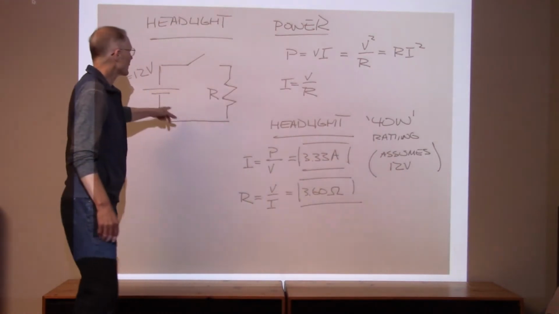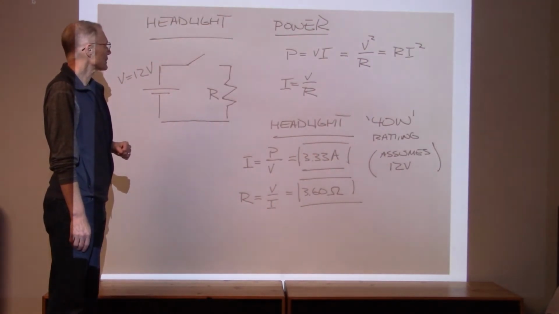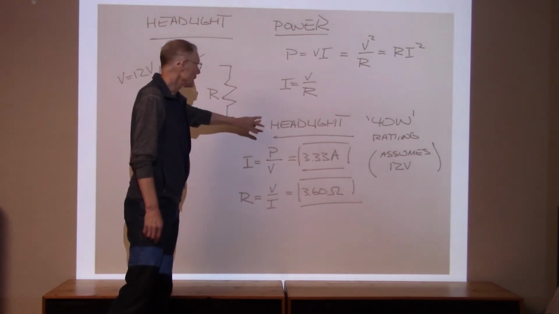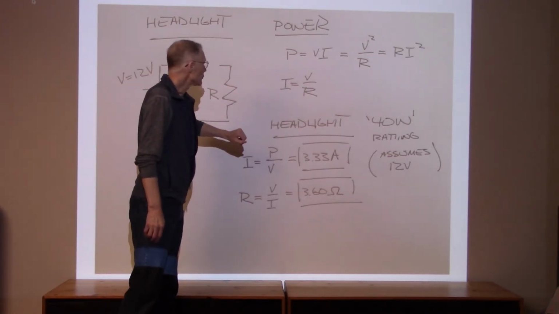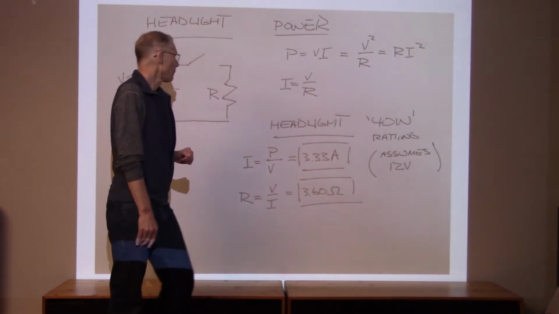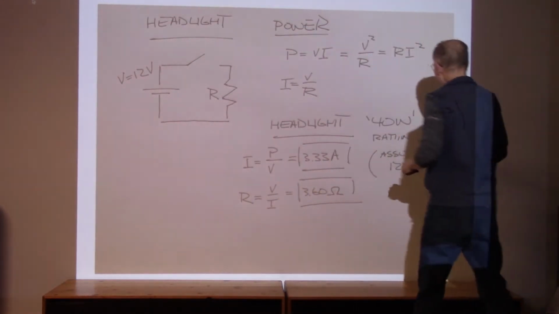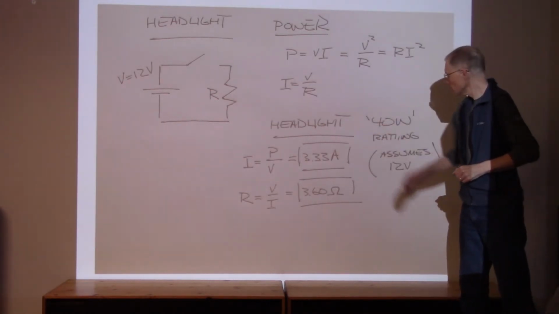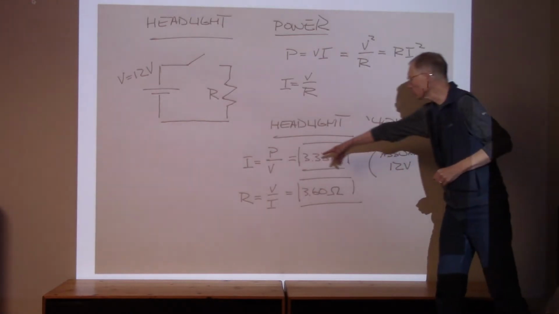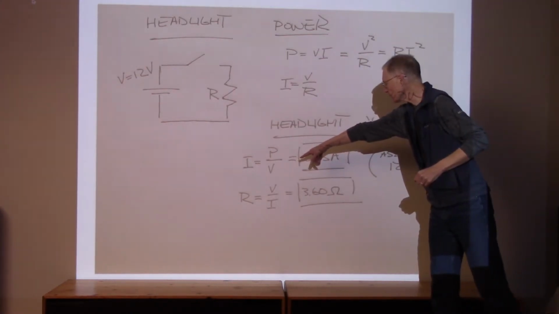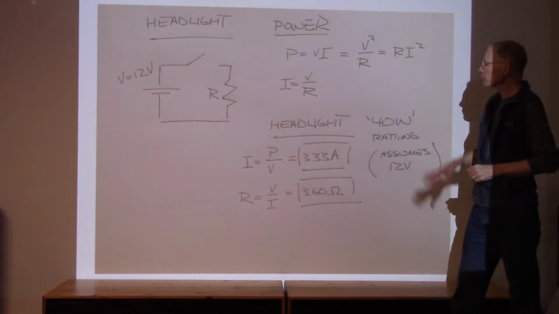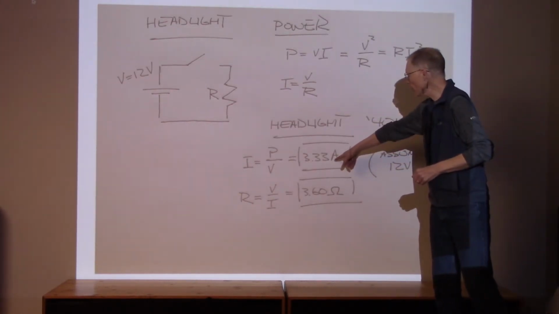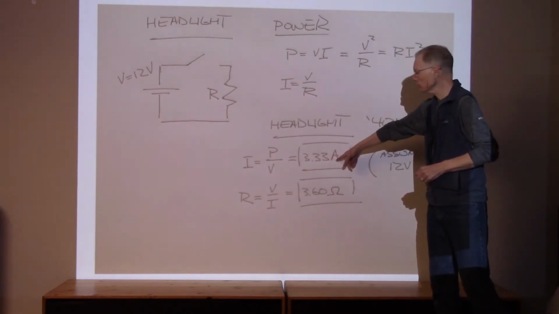Back to this circuit again. What it's saying is, for this headlight, the power is 40 watts. We'll plug that in for the value of P. The voltage is 12 volts. We'll put that in for V in the denominator. What this says is when we turn this headlight on using our 12 volt battery, we're going to end up with 3.30 amps.